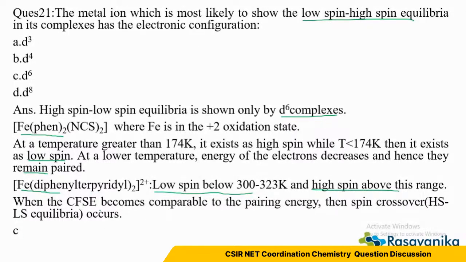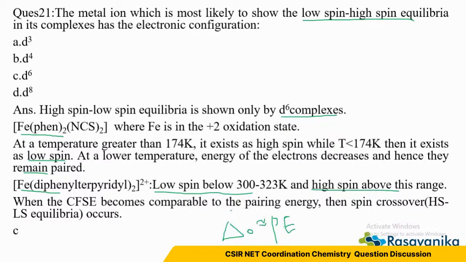Okay, so you can see this also, that when the CFSE becomes comparable to the pairing energy, then spin crossover, high spin, low spin equilibrium occurs.